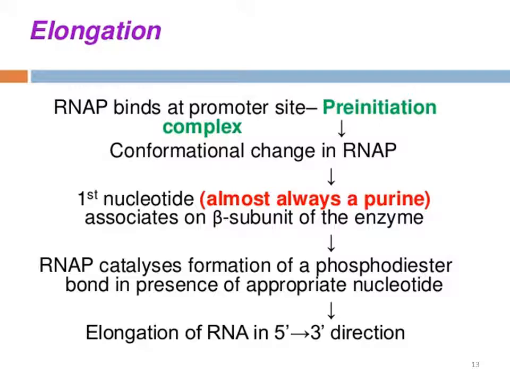So we know that there are free nucleotides present in the cell environment. RNA polymerase will form the phosphodiester bonds between the chain of newly connecting nucleotides. In this way, the RNA chain is elongating in the 5 to 3 direction.